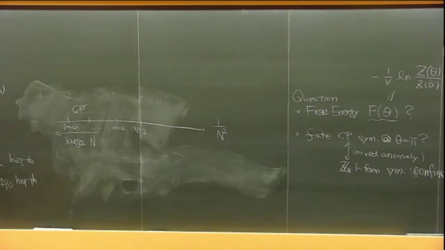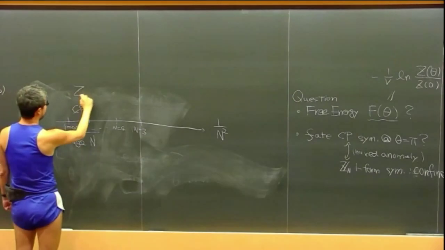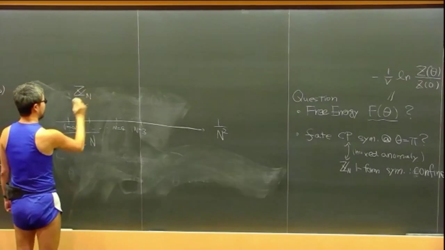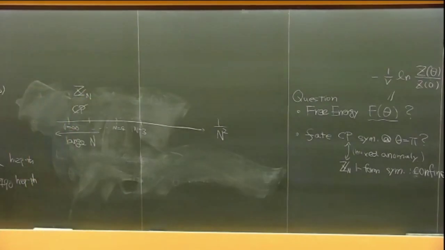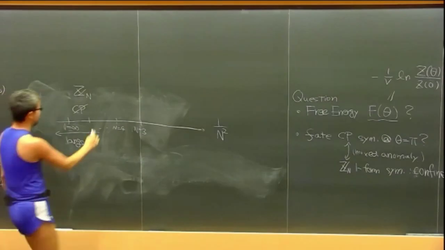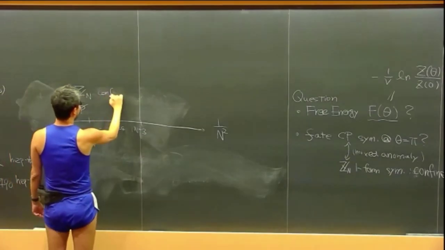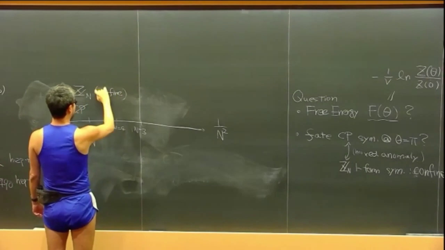And in fact, in this region, people believe that the one-form symmetry is not broken, which is consistent with a mixed anomaly. So either should be broken. And so here is the confined phase.